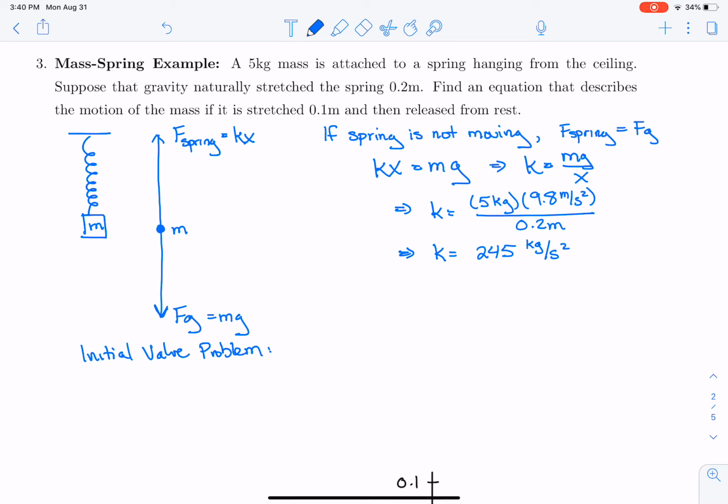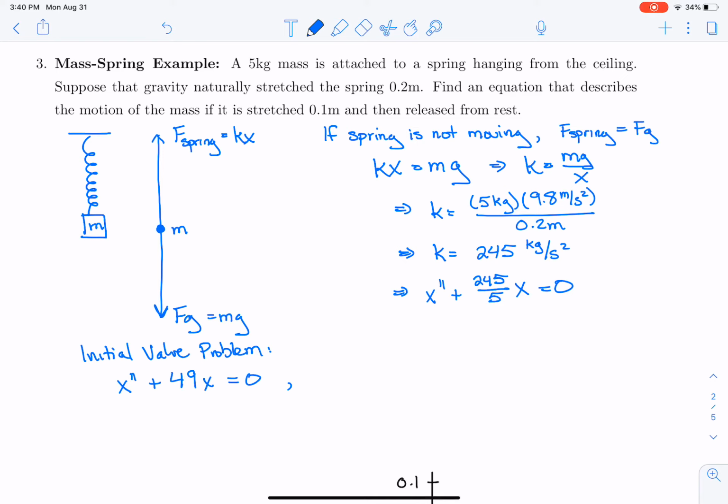We're going to have x double prime plus k over m x is equal to 0. So our initial value problem is x double prime plus 245 over 5, which is 49, x is equal to 0.